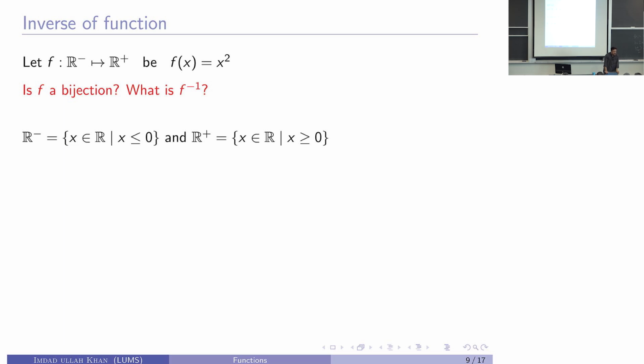It is a bijection. So, there must be its inverse. What is its inverse? If f of negative 2 is equal to 4, what should be f inverse of 4? Negative 2. If f of a equals b, then what should be f inverse of b? F takes a negative number and squares it, so f inverse should take the inverse of squaring, the square root.